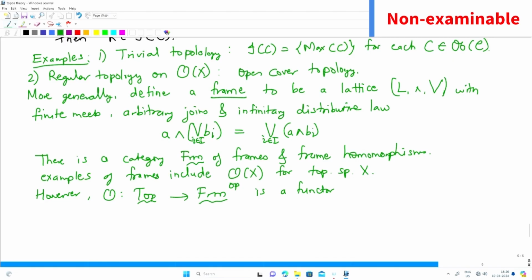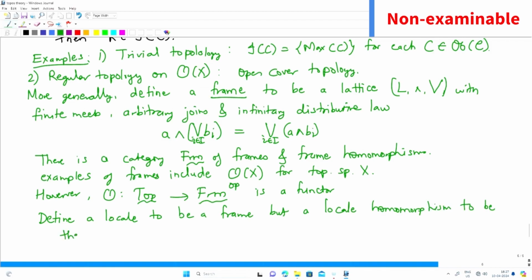another definition where we call the frame a locale. So define a locale to be a frame, but a locale homomorphism to be the dual of a frame homomorphism.